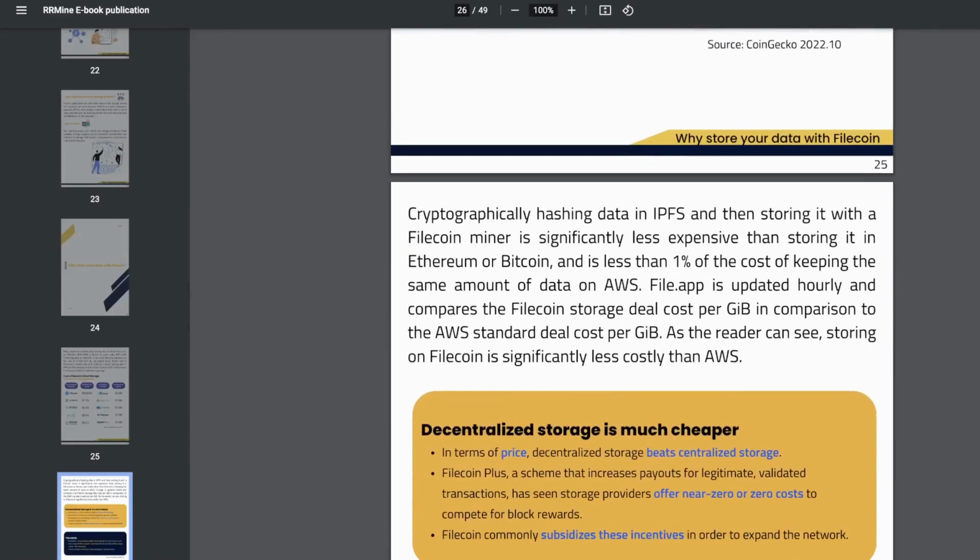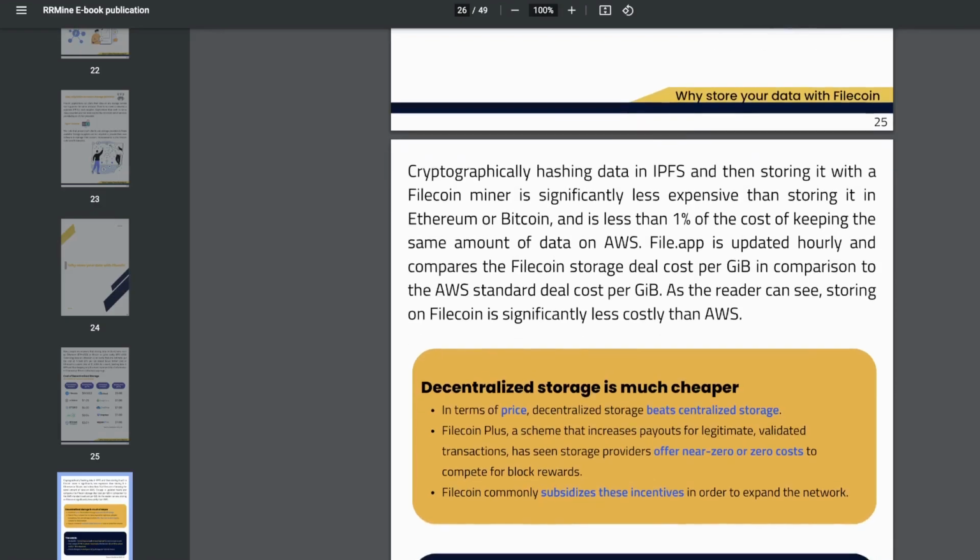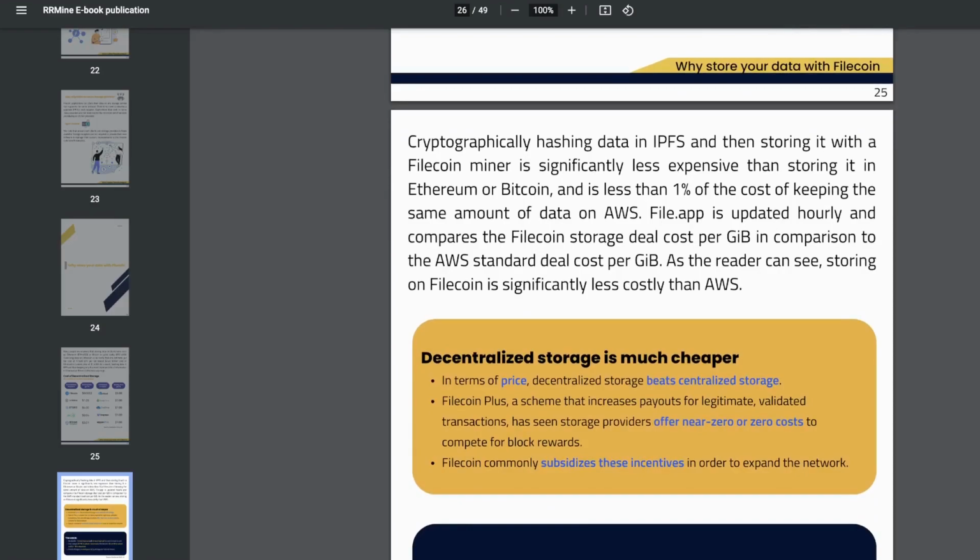Okay, cryptographically hashing data in IPFS and then storing it with a Filecoin miner is significantly less expensive than storing it in Ethereum or Bitcoin, and is less than 1% of the cost of keeping the same amount of data on AWS.